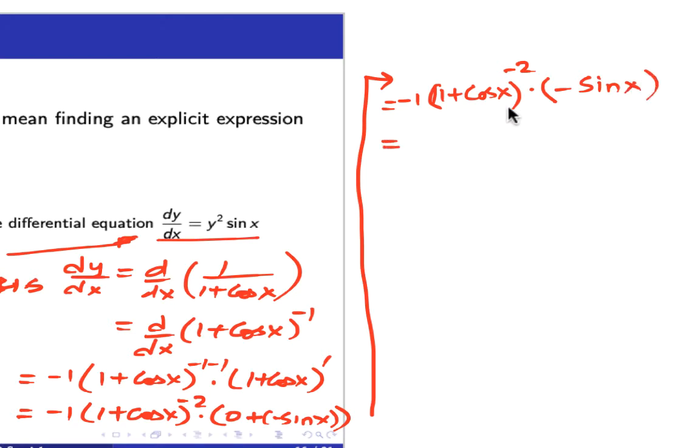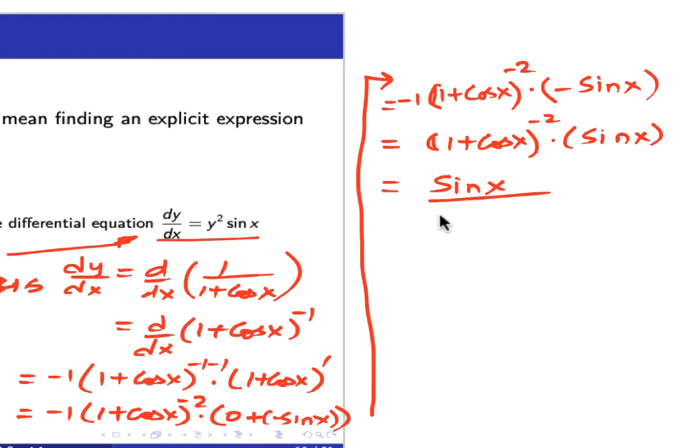Now simple algebra. Minus with the minus is a positive, and we will now have (1 plus cosine x) to the power minus 2 times sine x. Now we're going to take the negative power down. So we have now sine x over (1 plus cosine x) the whole square.